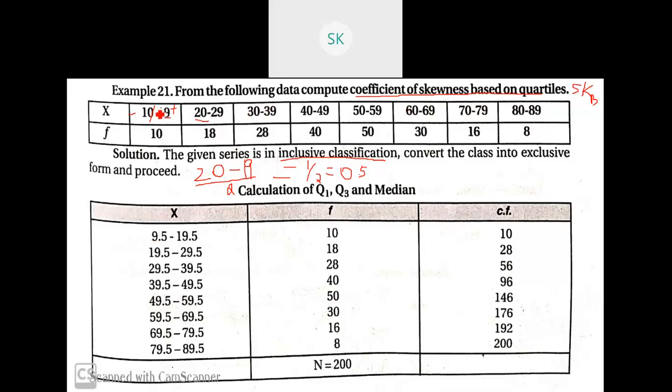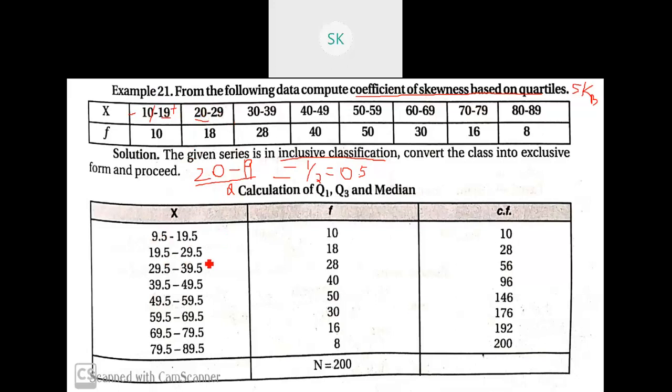Let's see the first one. 10 minus 0.5 will give you 9.5. 19 plus 0.5 will give you 19.5. Similarly, for the second one, 20 minus 0.5 is 19.5, and 29 plus 0.5 is 29.5.